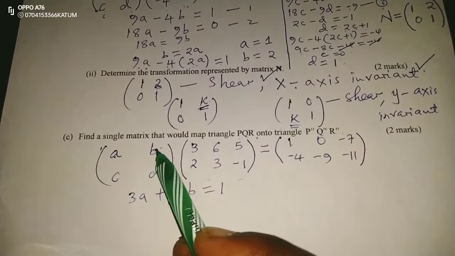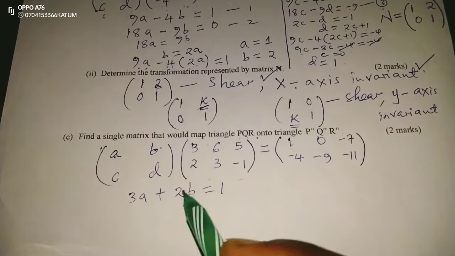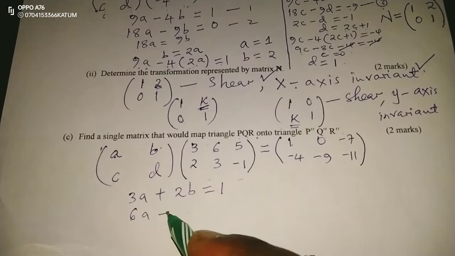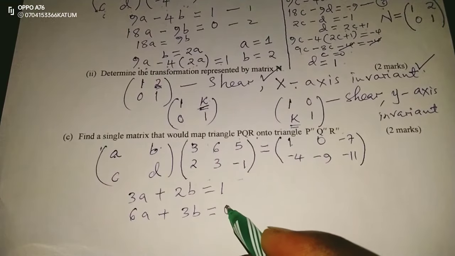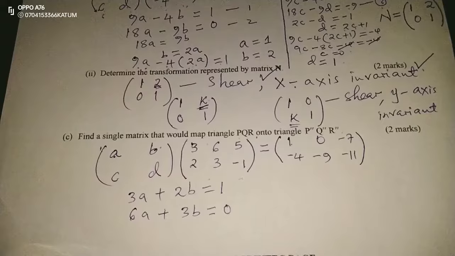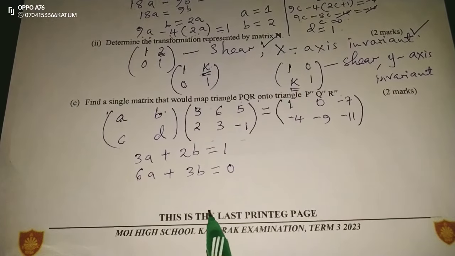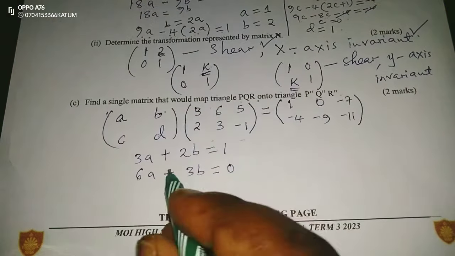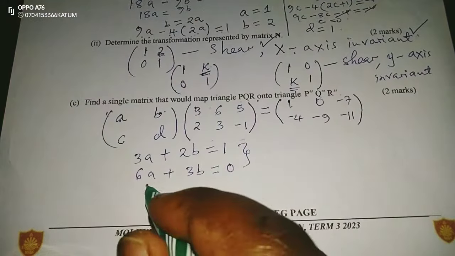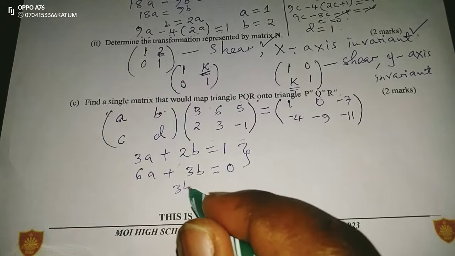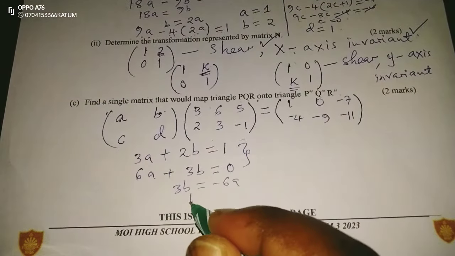Again, the same row and the next column should give us the next element. So 6A plus 3B equals 0. For those, we can solve the two equations simultaneously. From this equation, 3B equals negative 6A, so that B equals negative 2A.